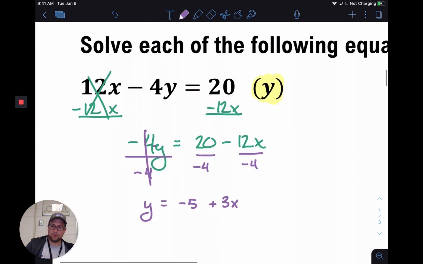Sometimes this will get rewritten as y is equal to 3x minus 5. That would be standard form of a polynomial. But I think either one of those answers is perfectly acceptable for where we're starting.